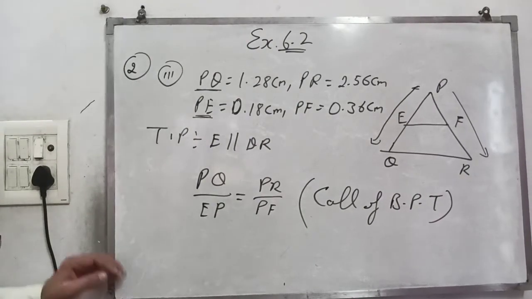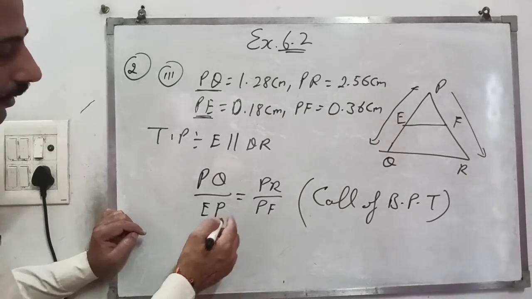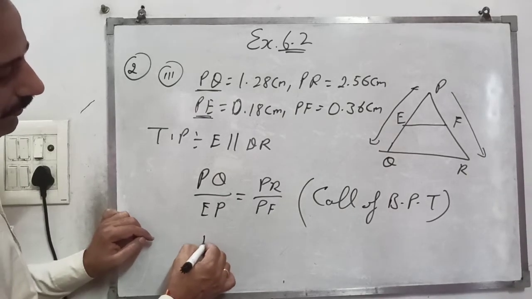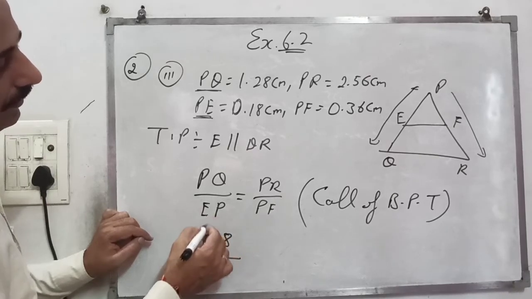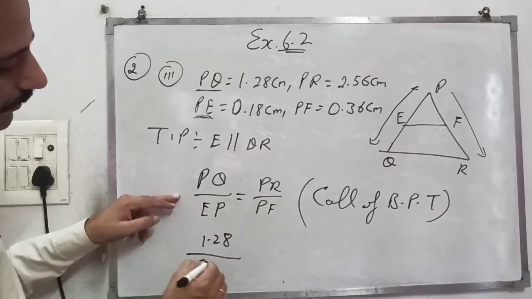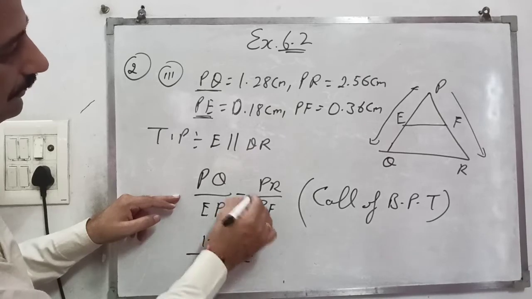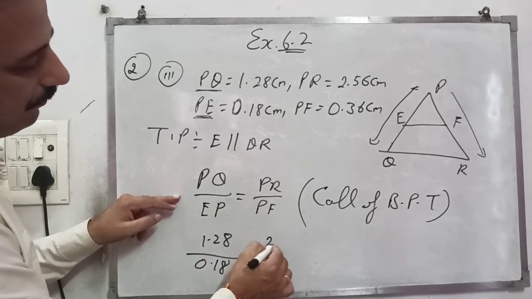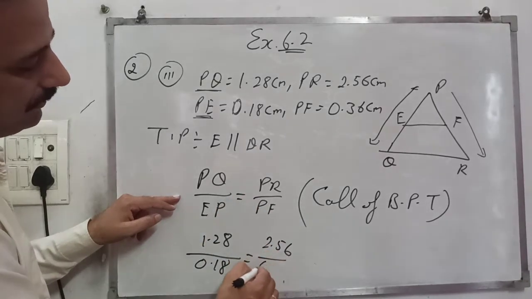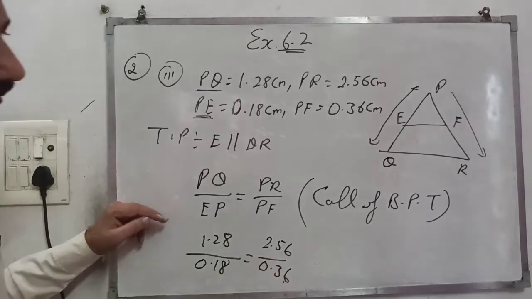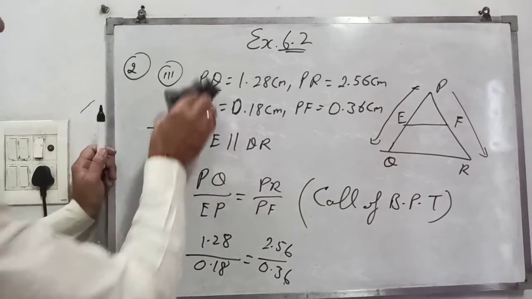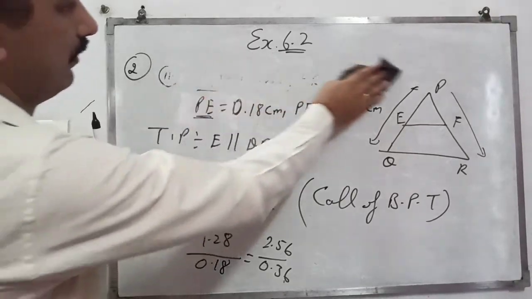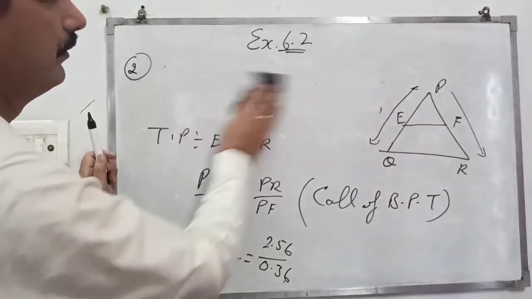Here put the values: 1.28 upon PE, that is 0.8, equal to PR 2.56 upon 0.36. Now remove the decimal.